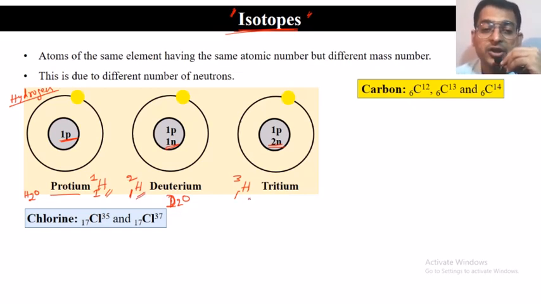And then comes tritium, which is less stable. So these are all isotopes. Atomic number is the same, but mass is different. For example, carbon. In carbon, there are three different isotopes, where the mass number is either 12, 13 or 14. This is radioactive.